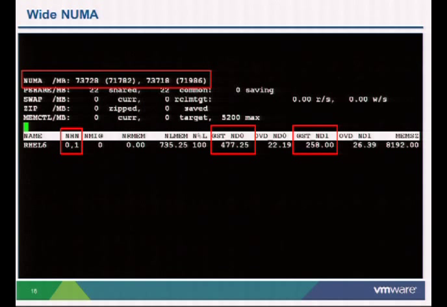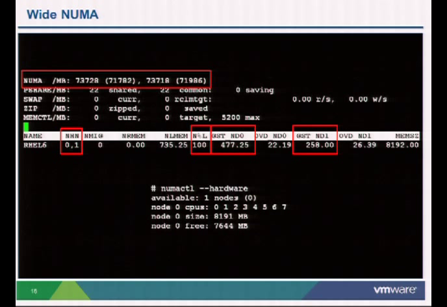It's split equally between node 0 and node 1. We do the interleaving process: every alternate page gets allocated on a different NUMA node. There's a counter called N%L, which says what percentage of your memory is in the local NUMA node. Here it says 100% is in the local NUMA node, because both NUMA nodes are local for this VM, since we're interleaving memory. That's why it's 100% here.